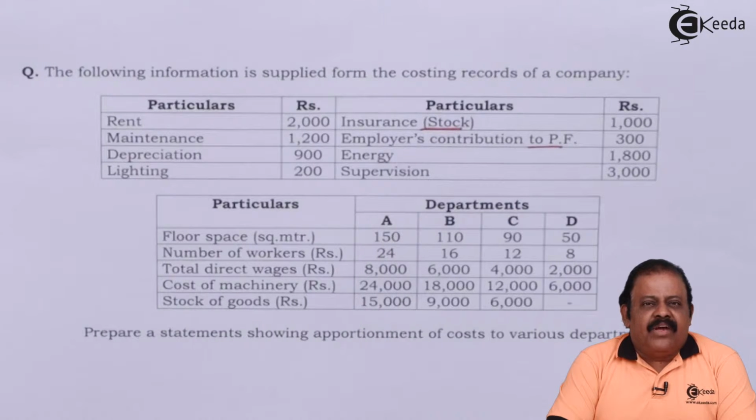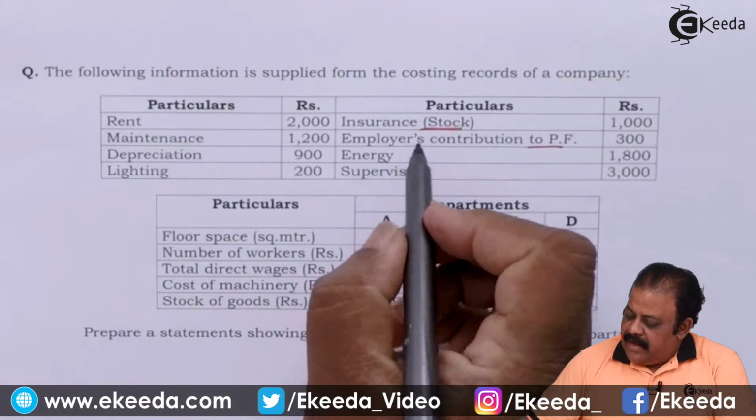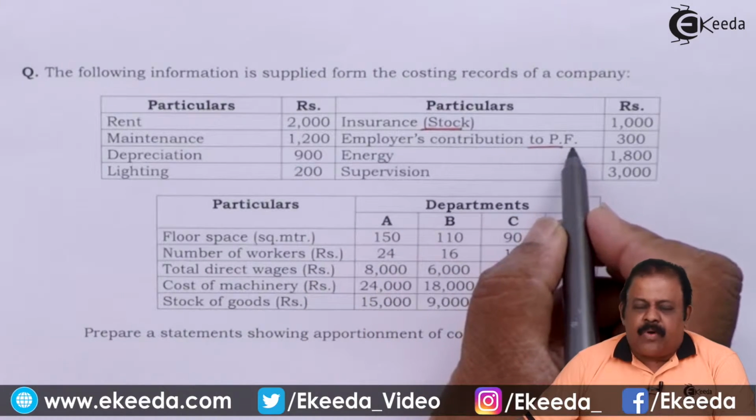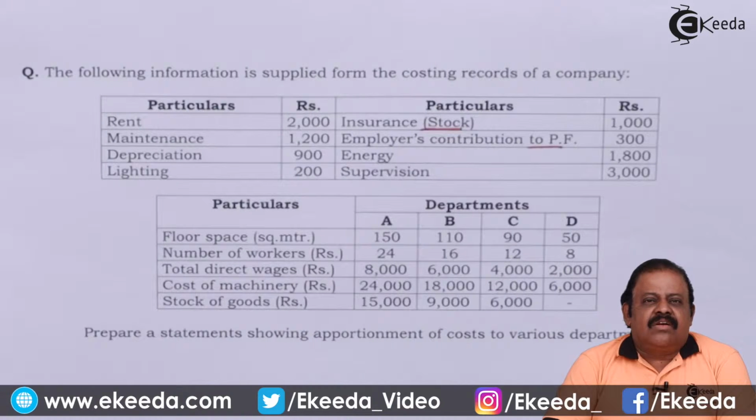So for employers, it is an expense, it is a cost. Therefore, it is required to be included in the total cost of the product. Employer's contribution to Provident Fund is usually based on wages paid to the workers.